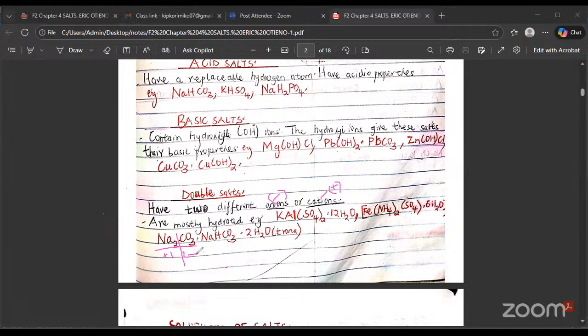The valence of carbonate, I don't know if this is the class I taught previously. I'm not very sure, but there's something else that we are going to discuss about why carbonate is 2 negative.